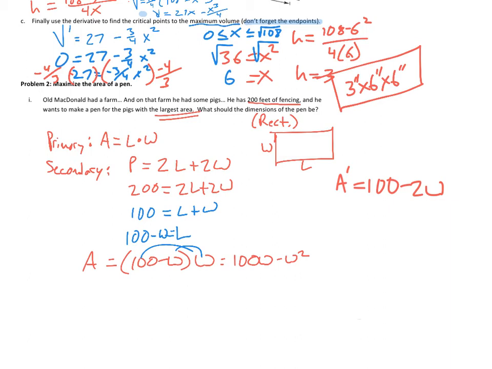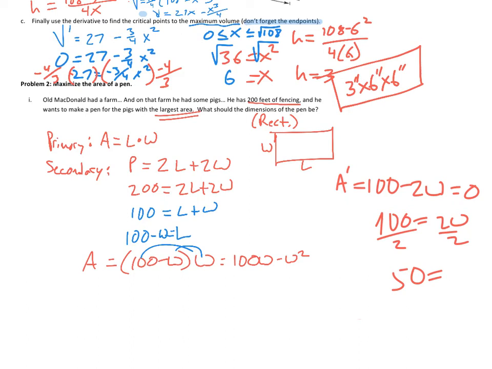And we want to find the critical values, the largest points, okay? So we want to set that equal to 0, okay? All right. Now, solving that, we get 100 equals 2W, and divide by 2, and we get 50 equals W.